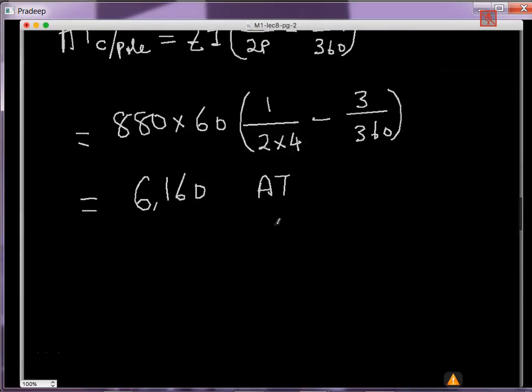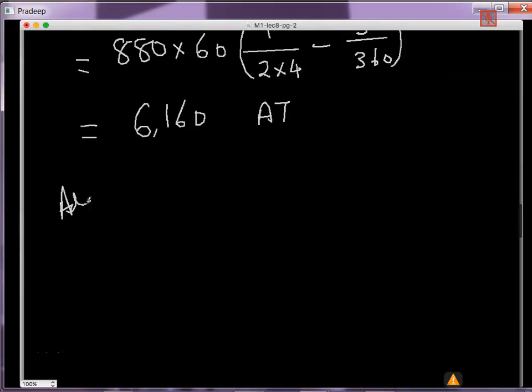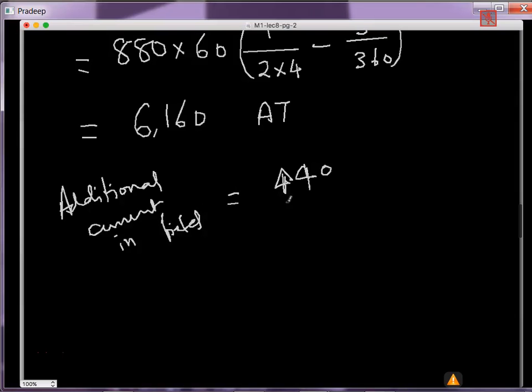So the additional current in the field is nothing but this 440 divided by the number of turns, that is 1500.